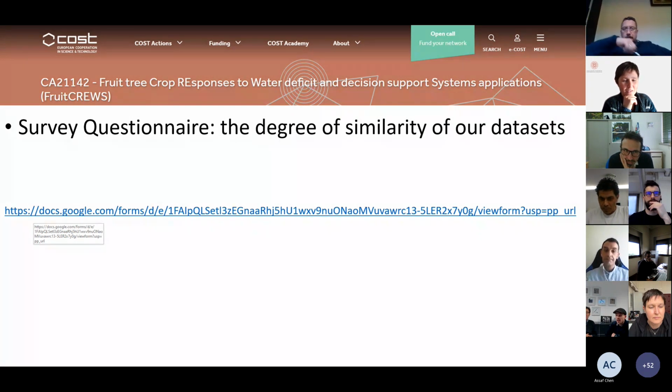Michael Geusser, my name, and I did a lot of stress physiology, not on fruit trees, but mainly on forest trees. But I think in general, this is similar. Now to this topic, the degree of similarity between our data sets, I just want to add one dimension. This is duration, so time, because very often we have a time series of continuous or non-continuous measurements, and then we have maybe some thresholds or some extreme values.